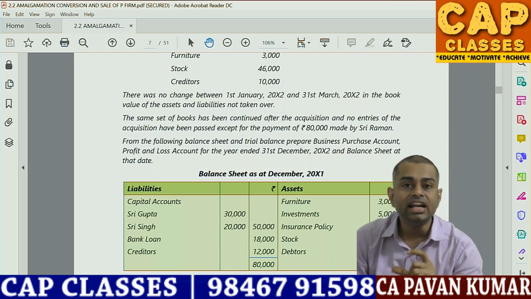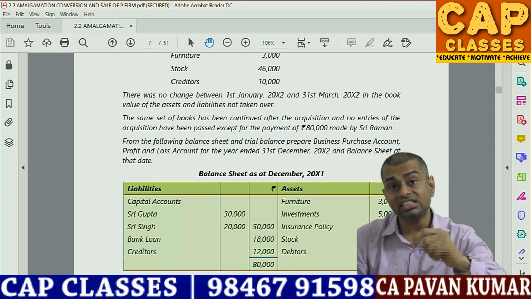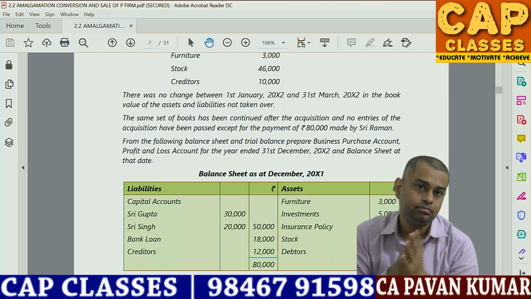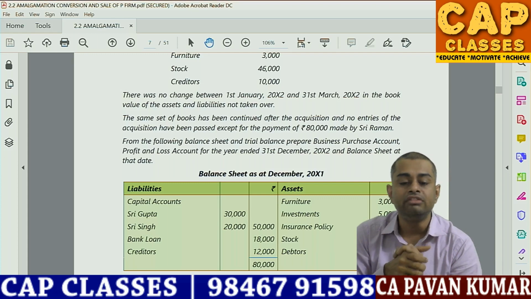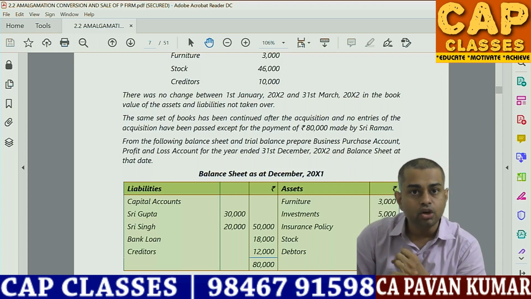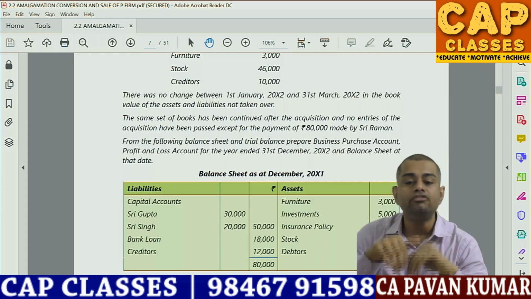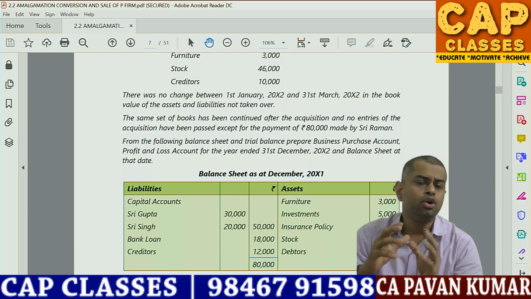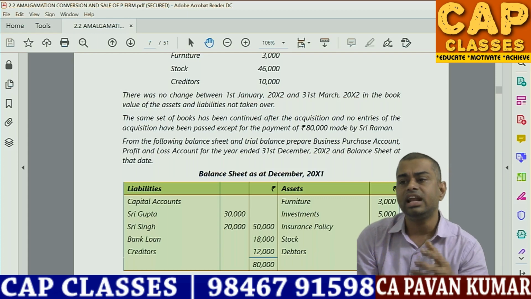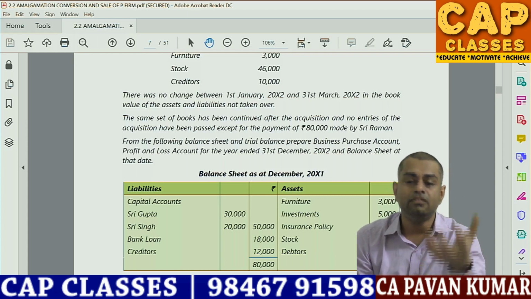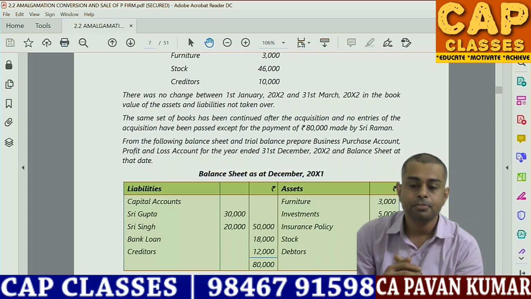When you pass the entry for acquisition, what happens? You will cancel all the assets and liabilities, isn't it? Then you will recognize goodwill. That means this guy did not recognize goodwill and did not cancel the assets and liabilities. That we will have to do now. Something like a rectification, where they omitted something which we are doing now.